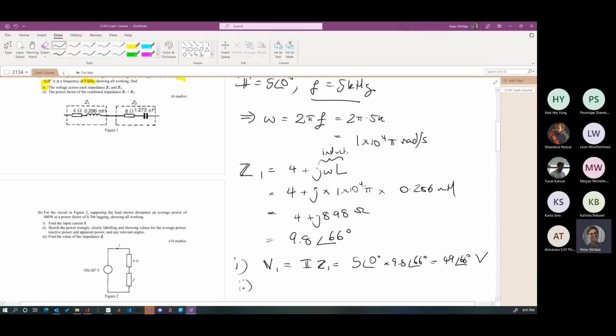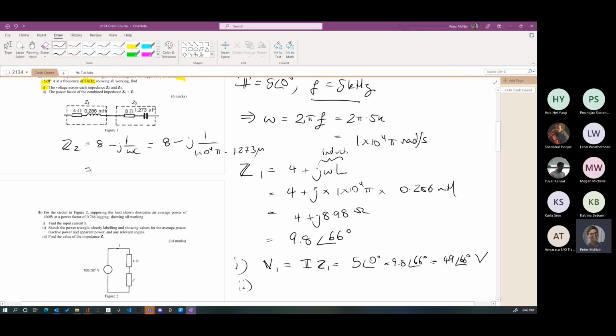And for V2, we'll first need our impedance 2. So Z2, I'll just write it over here if that's okay. 8 plus, well, we might say minus j times 1 on omega C, which is 8 minus j, 1 on 1 by 10 to the 4 pi times 1.273 micro.